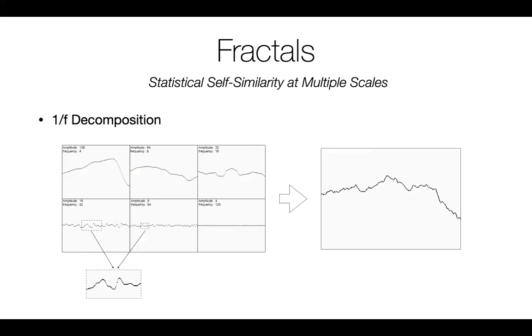And fractals capture the statistical self-similarity of natural shapes. And this was studied by mathematicians over the years and became more popular with the work of Benoit Mandelbrot, who analyzed this in great detail.